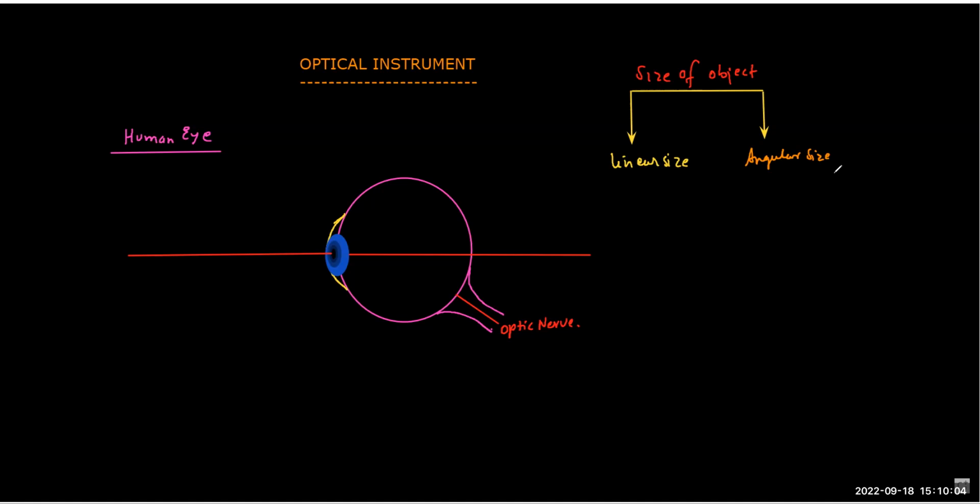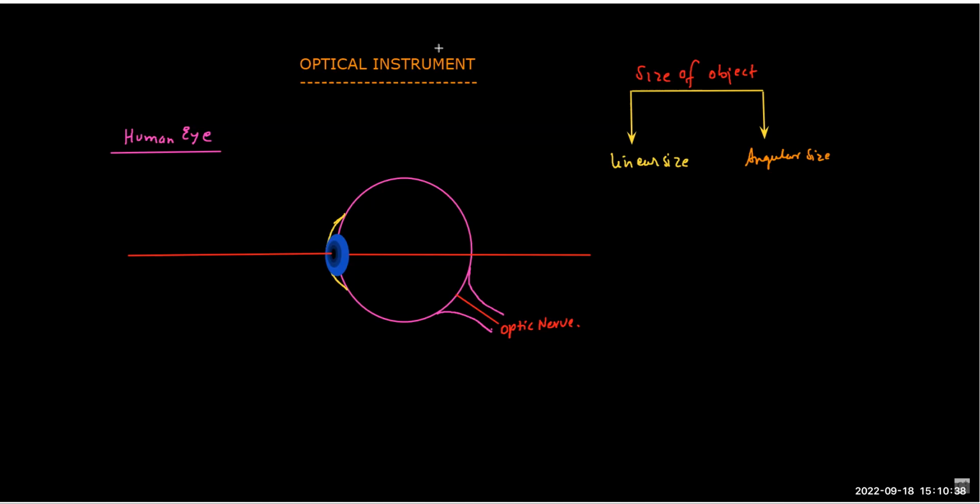Our brain is not able to understand the actual size, because if you look at the same object from different distances, you can clearly see from your own experience that the size varies. Even the moon appears as a small disk. It is not because it is small, it is because what we really perceive is the angular dimension. We never perceive the linear dimension.